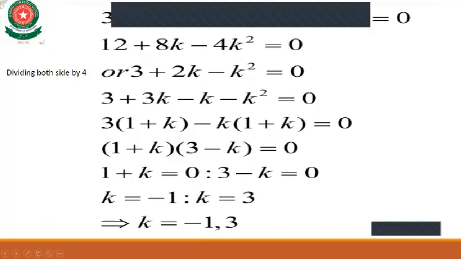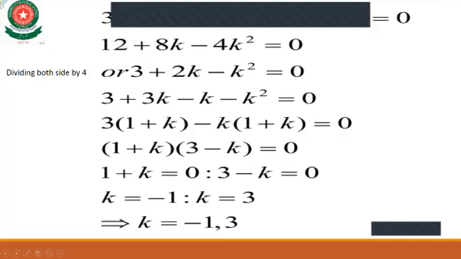Here we can write either 1 plus k is equal to 0 or 3 minus k is equal to 0. Then the value of k is equal to minus 1 and the value of k is equal to 3. By shifting minus k to the right-hand side, k is equal to 3.